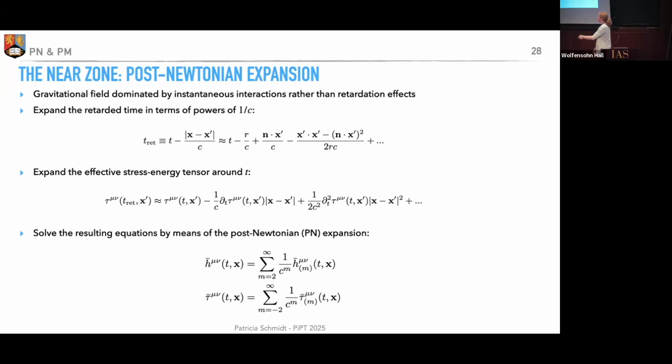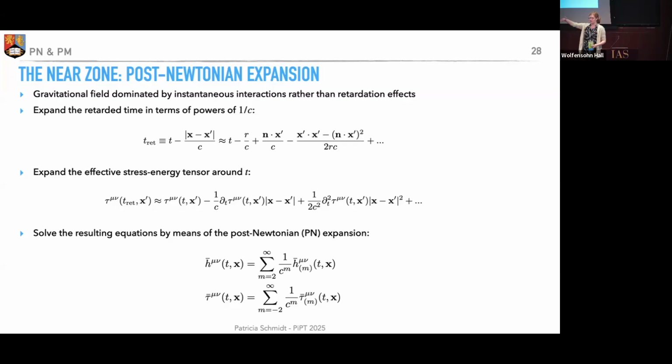And so if you do that, there is again a theorem that says you can solve such an expansion in terms of an order by order series, as is suggestive if we look at this here, by expanding the left and the right-hand side of our effective field equations. I'm going to call this H bar here to denote the near zone now, so we're close to the source.